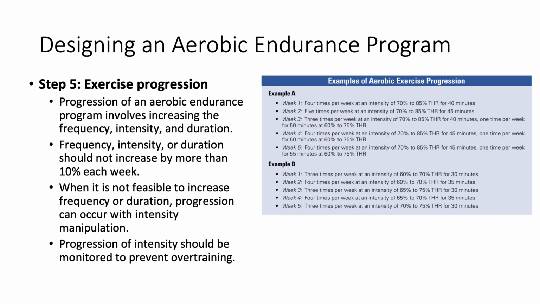If an athlete has a higher level of fitness, they will reach a point where it is not feasible to increase either the frequency or the duration of exercise. When this occurs, progression in training will occur only through exercise intensity manipulation. One of the most important things when it comes to progression of training intensity is that it should be monitored very carefully to avoid overtraining.